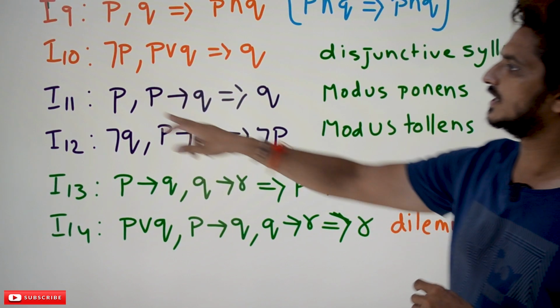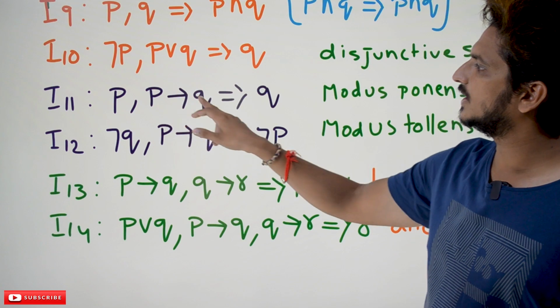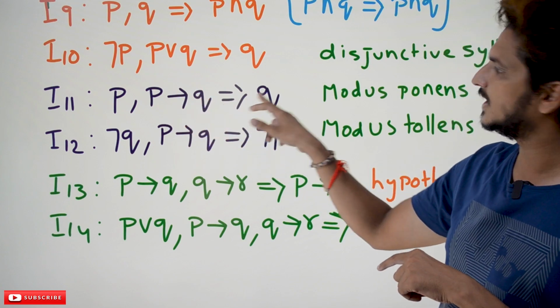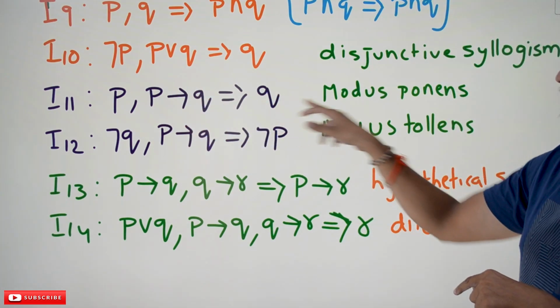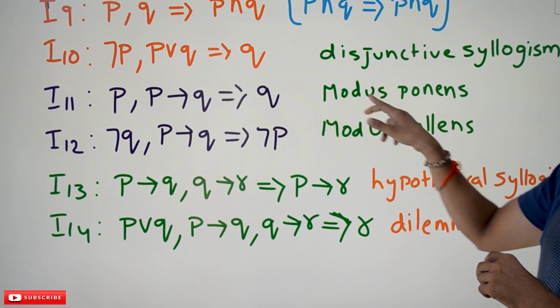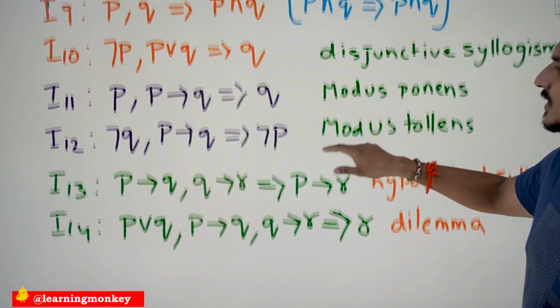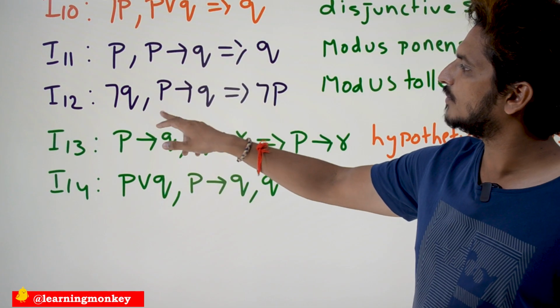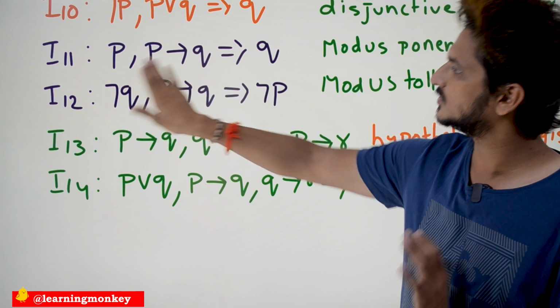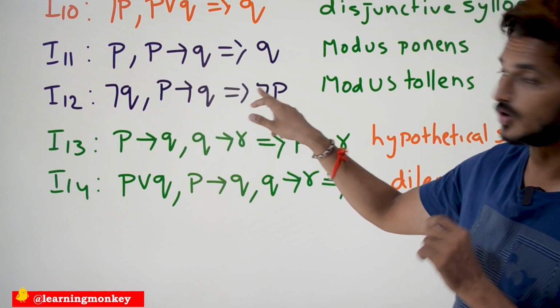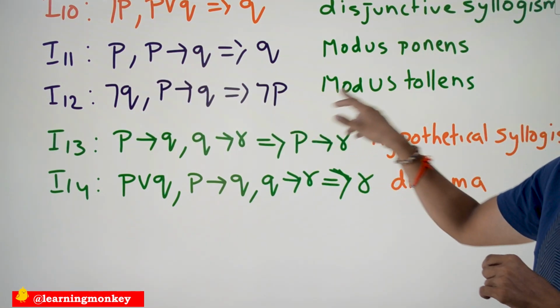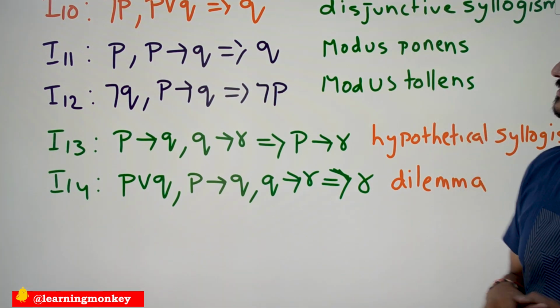So the next one is the 11th one: P comma P implies Q tautologically implies Q. The name for this is modus ponens. Similarly the 12th one: negation Q comma, meaning this is one proposition, P implies Q, can be tautologically implied to negation P. This is modus tollens.